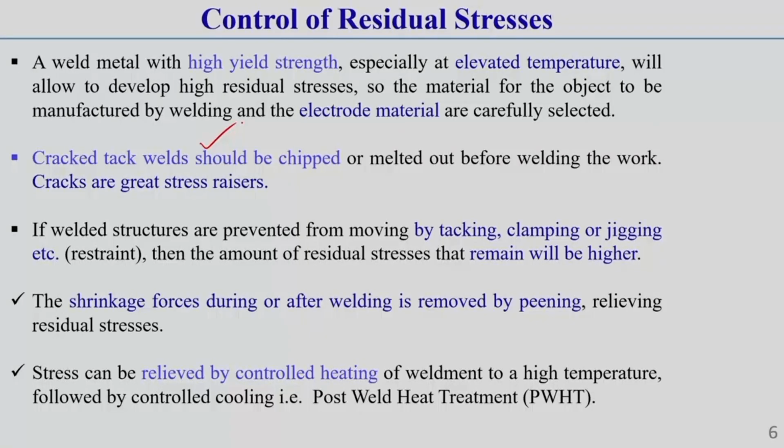I have already told you that tack welds also have a significant effect on residual stress distribution. It is observed that if there is a crack in a tack weld in a welded plate, then there is a huge rise of residual stress. That is why a cracked tack weld should be chipped or melted out before welding the work. Keep this in mind.